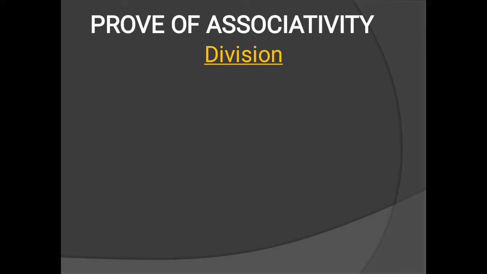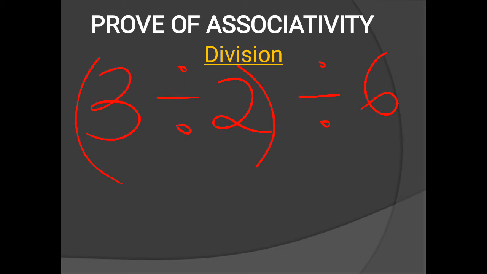Then let's try another one. 3 divided by 2 divided by 6. So let's group the first two. 3 divided by 2 is 3 over 2.